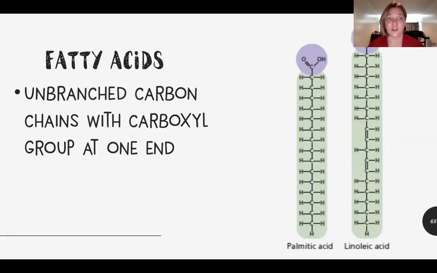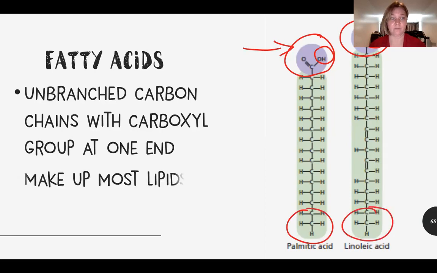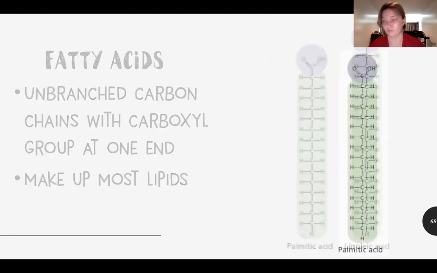It is an unbranched carbon chain with a carboxyl group at one end. And you can see the carboxyl group here, remembering that the OH in the corners make this end of the fatty acid polar. The other end of it is just hydrocarbon, which is nonpolar. So fatty acids make up most lipids.